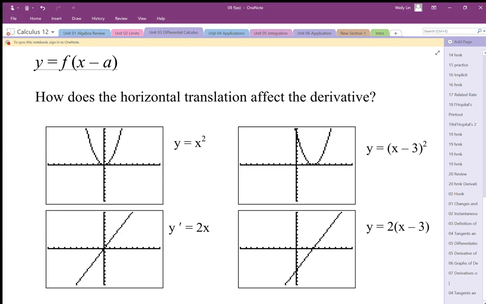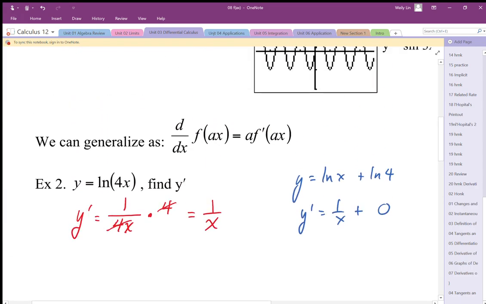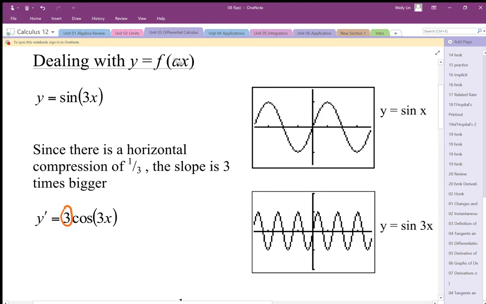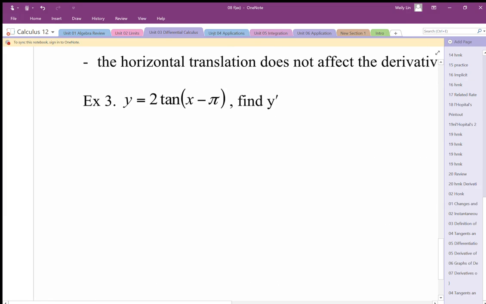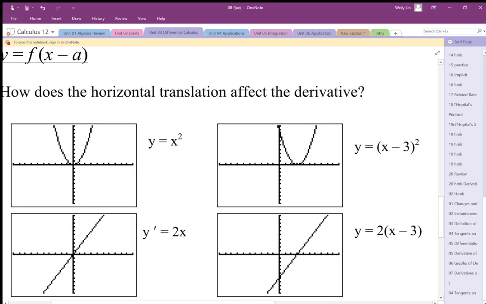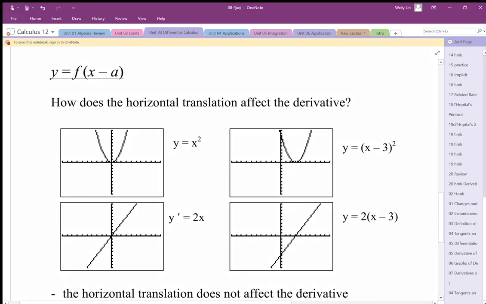So for horizontal compressions, for now we're going to deal with an extra times by that compression factor because it affects the slope. And for a horizontal shift, we're not going to do anything because it has no effect on the derivative, other than we have to make sure that we keep that shift in our derivative.